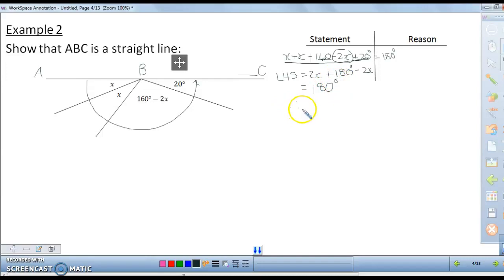Therefore, ABC is a straight line. And I can say because the angles add up to 180 degrees.